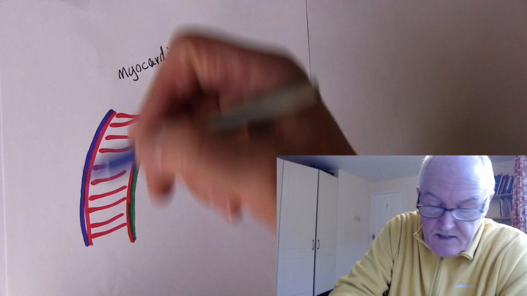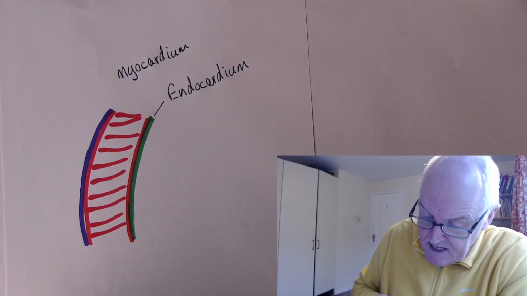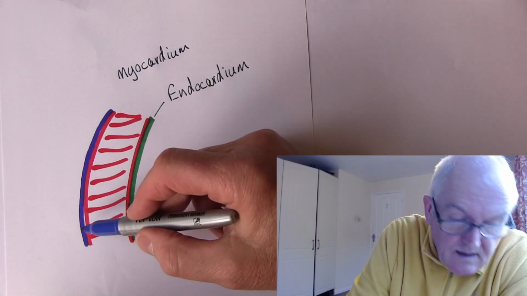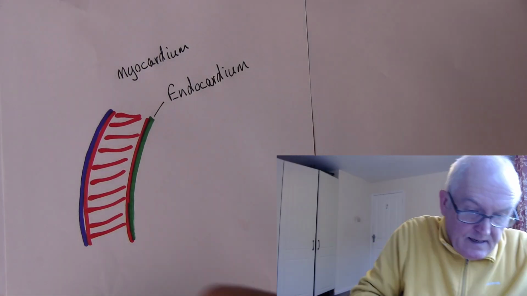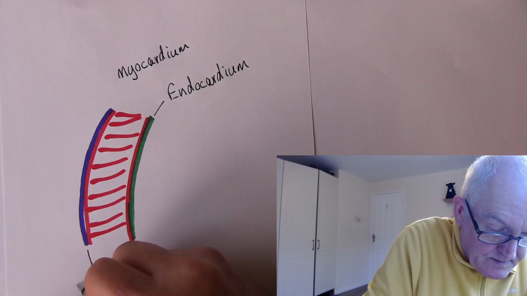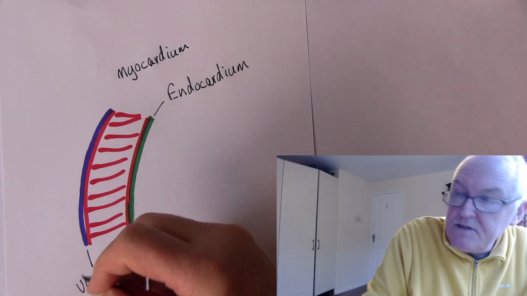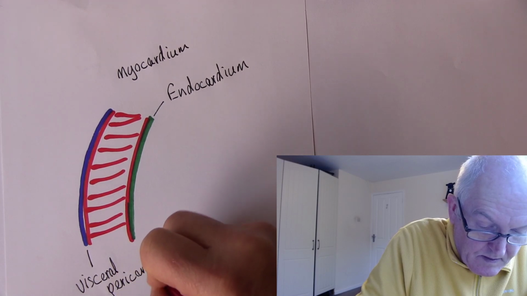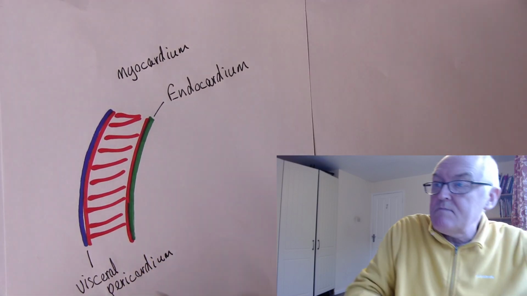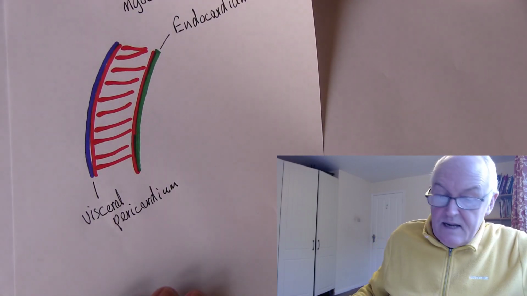Yes, it is. It's part of the visceral organs. So this layer here is the visceral layer of the pericardium. So that one there is the visceral pericardium. And sometimes you'll see this layer also described as the epicardium.